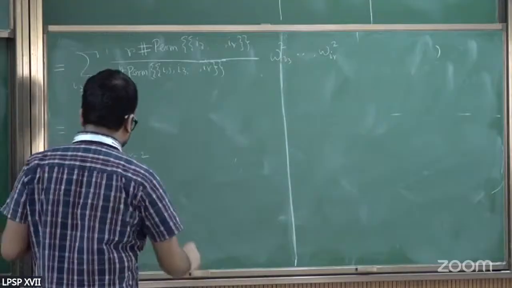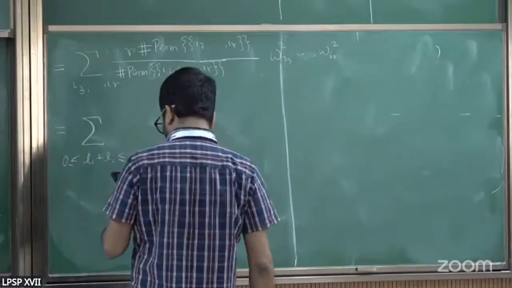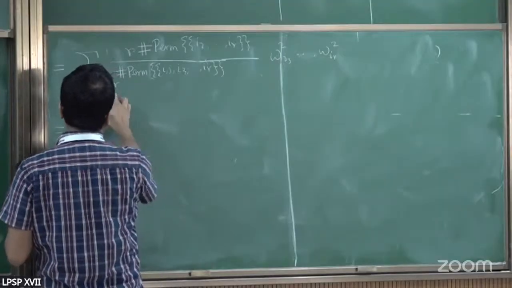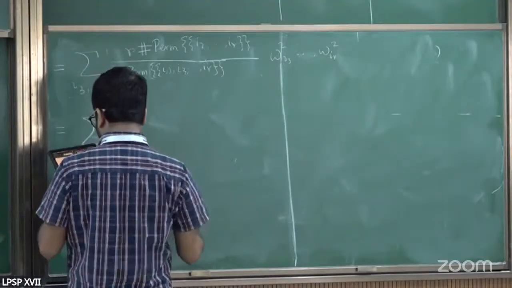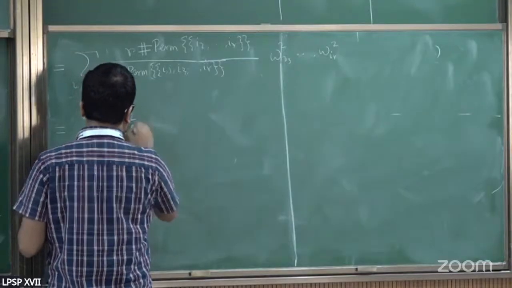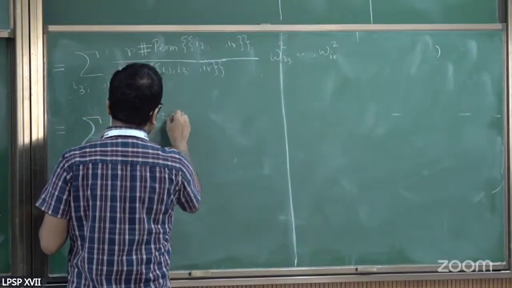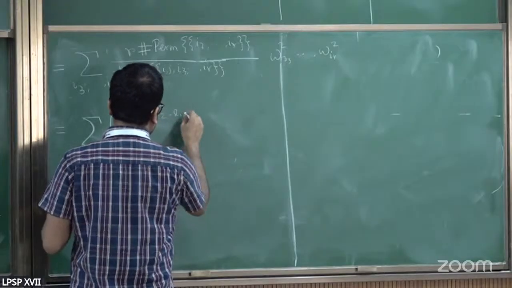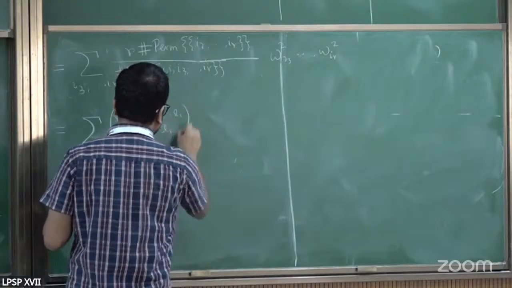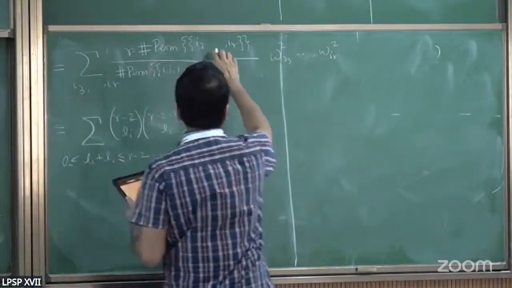There are at most R minus 2 of them, and you have to pick which of those are I's or J's. So you get R minus 2 choose Li, and then R minus 2 minus Li choose Lj. And then we can substitute whatever this number is.